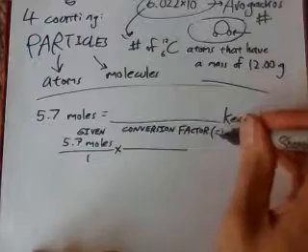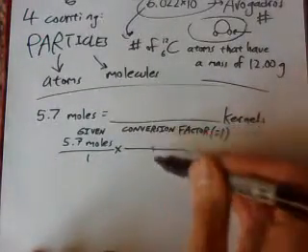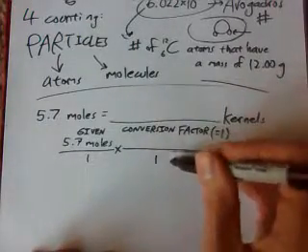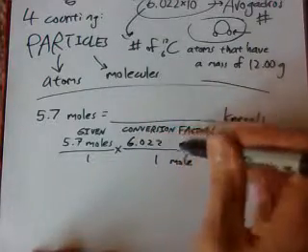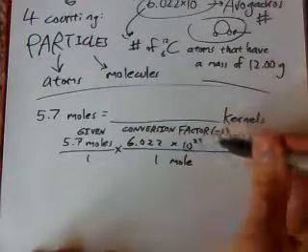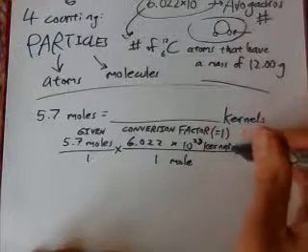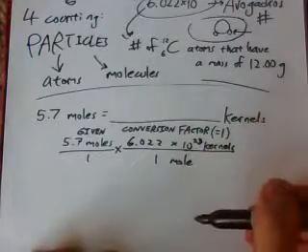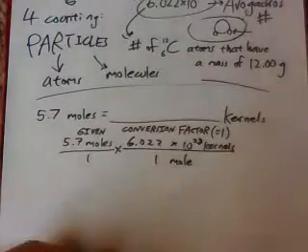Now remember, that conversion factor has to be equal to 1, so whatever's on top here has to be equal to what's on the bottom, and we know that 1 mole is equal to 6.022 times 10 to the 23rd kernels. Just like 1 dozen would be equal to 12 kernels, or 1 gross would be equal to 144 kernels.